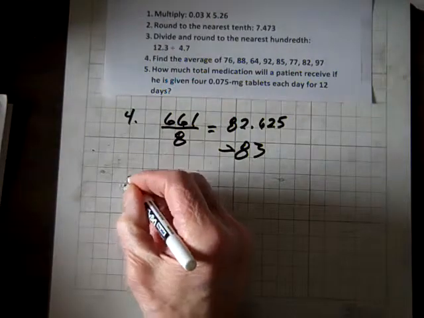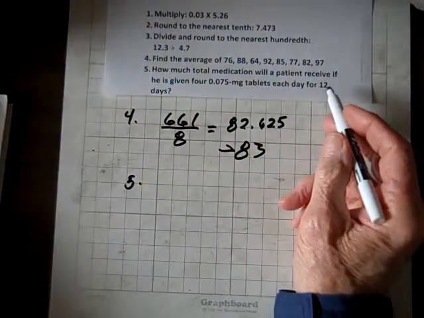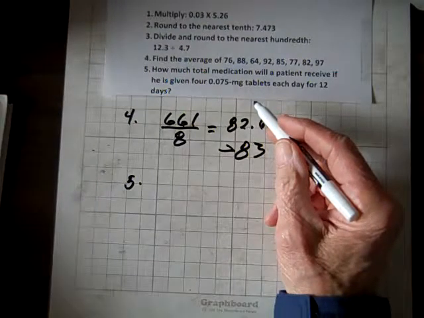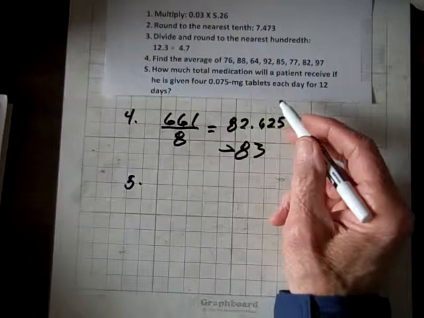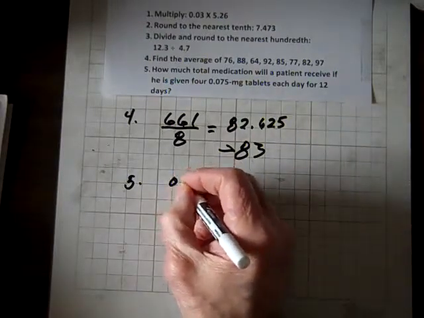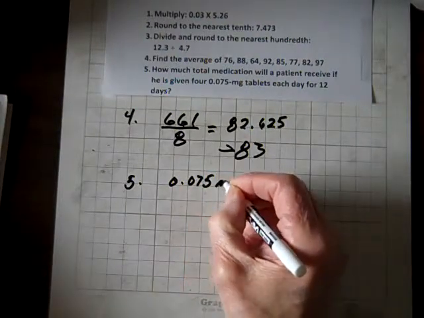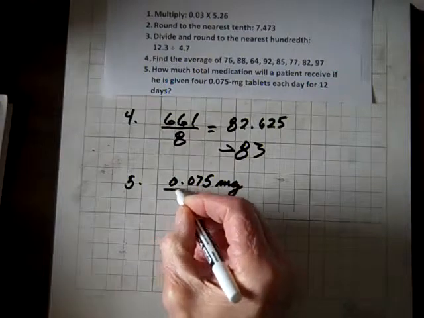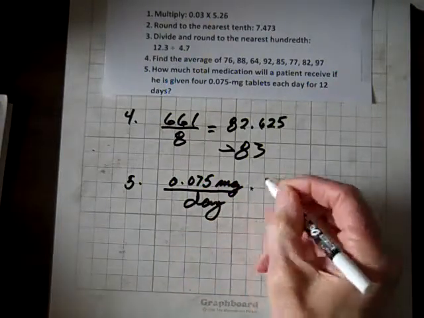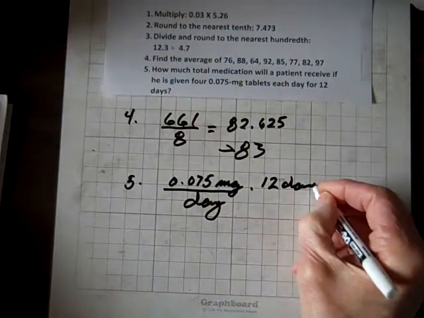And 5, finally, how much total medication will a patient receive if he is given 0.075 milligram tablets each day for 12 days? So I guess he's getting 0.075 milligrams per day, and he's going to receive these for 12 days.